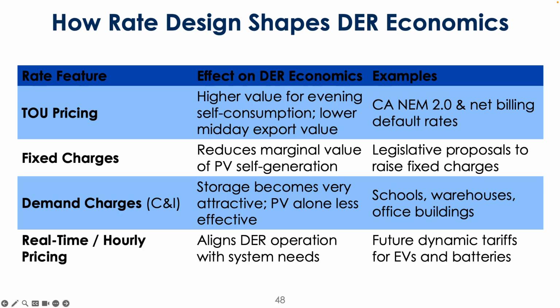It's so that your generation doesn't offset the fixed charges that you would want to be paying for certain things. So it is maybe an incentive against solar, but fixes an issue that the solar is causing. This ties back to the issues from the NEM 1 and NEM 2 structure.